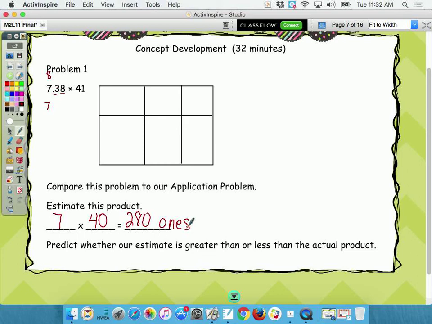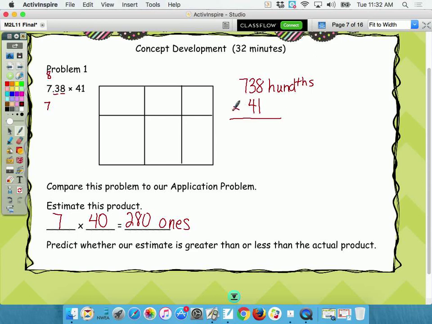Okay. So how will I write this on the standard algorithm now? 738 times 41. But what word do I need? Hundredths. Good. So 738 hundredths. Aren't you glad we have an abbreviation? Yep. Times 41.